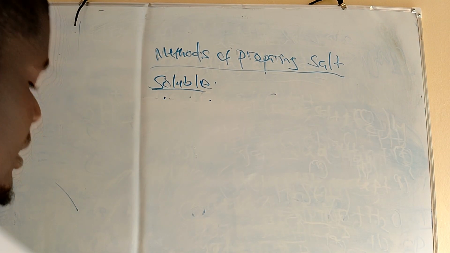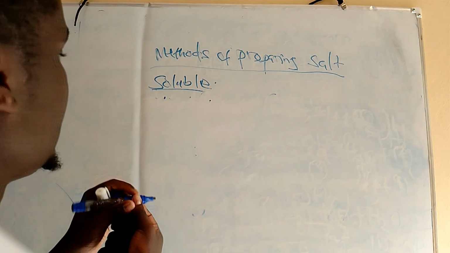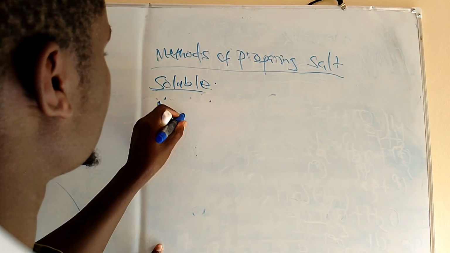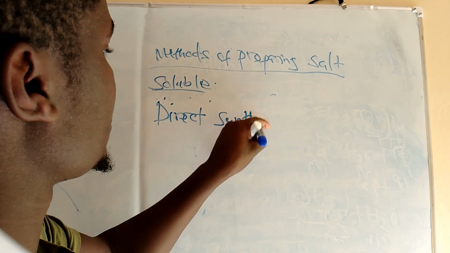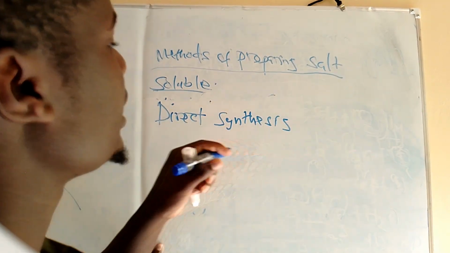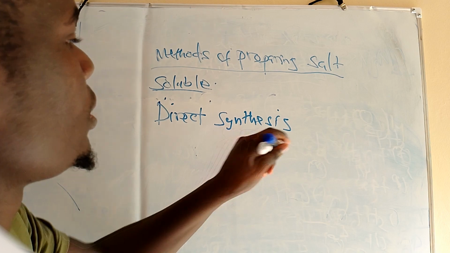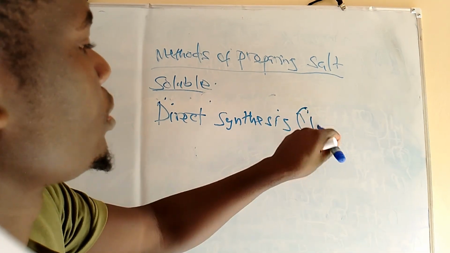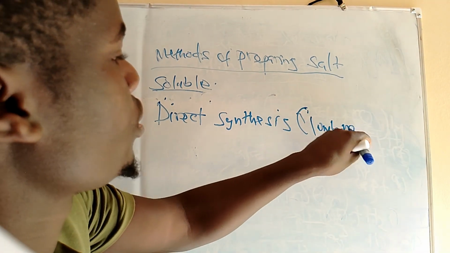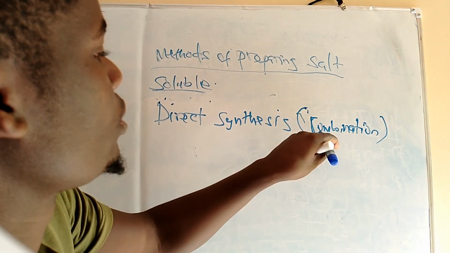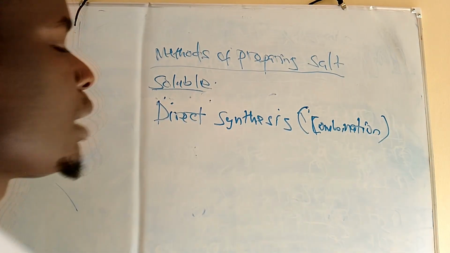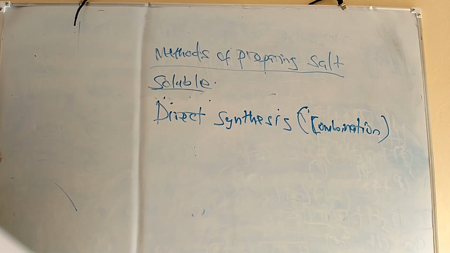Direct synthesis. Direct synthesis is also called direct combination of elements, where you take two elements, you react them together to give you a salt.